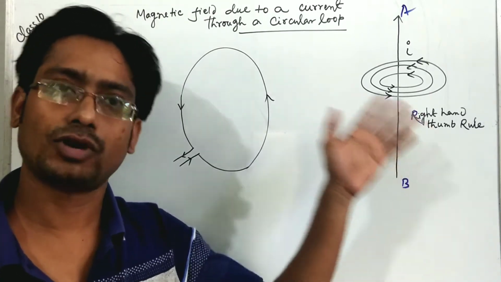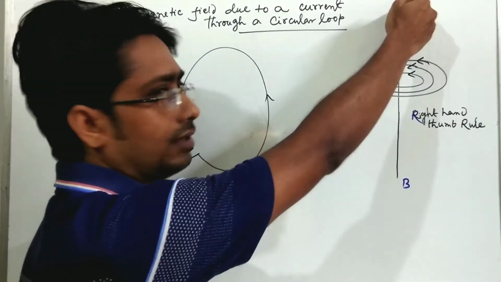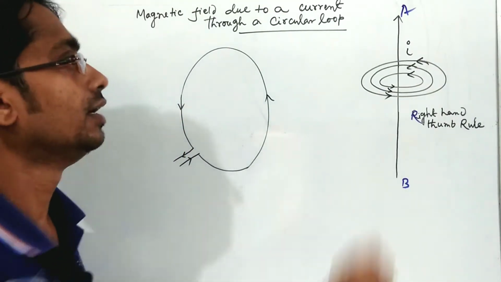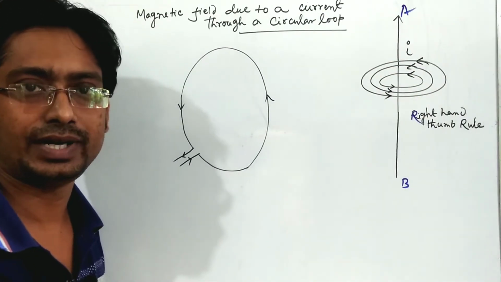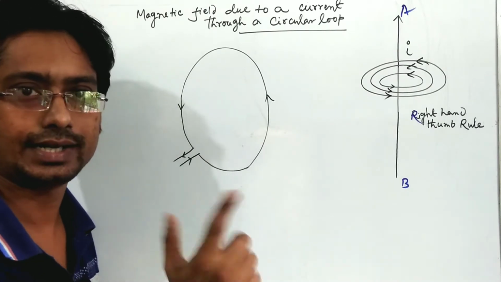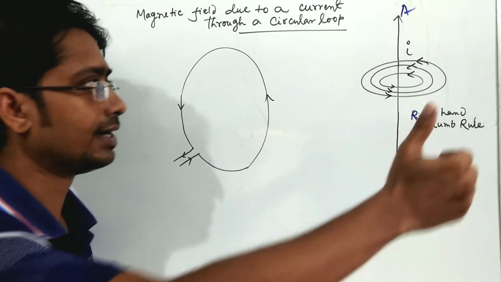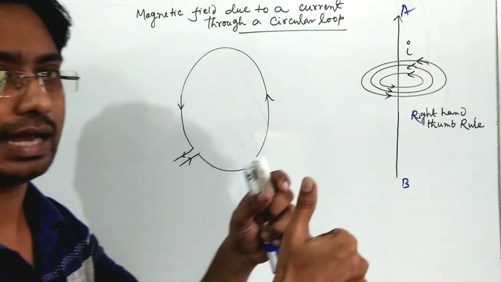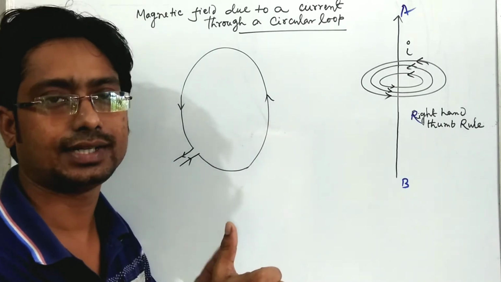So the first step we have already learned, and the formula relating to this topic also we have learned. If we recapitulate the previous topic, this is a straight current carrying wire. How do you get the direction of the magnetic field around the current carrying conductor? Use your right hand, grab the wire in such a way that your thumb indicates the direction of the current.